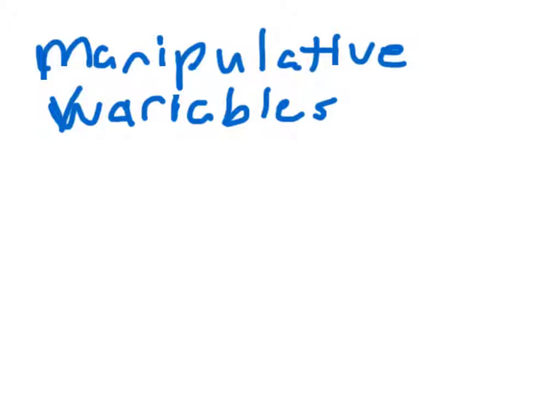But there were other manipulative variables in that experiment too. Right now I'm just giving you one example. It's really hard to only have one manipulated variable, because there are so many things you have to pay attention to. So yeah, manipulated variables are what you change in the experiment.